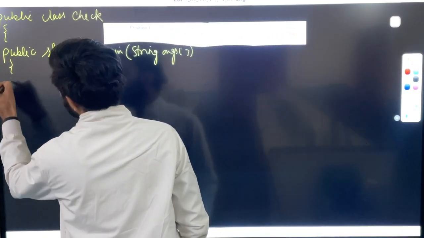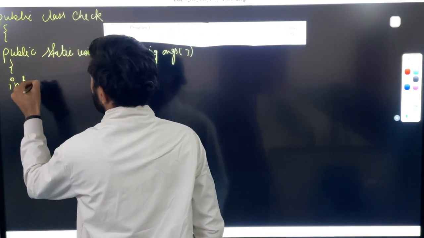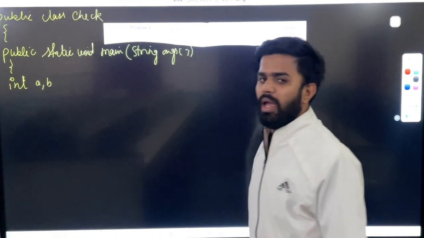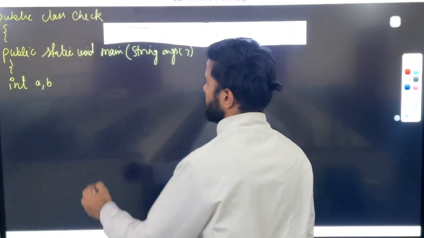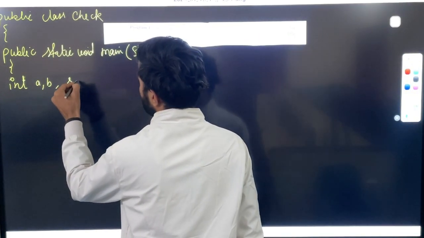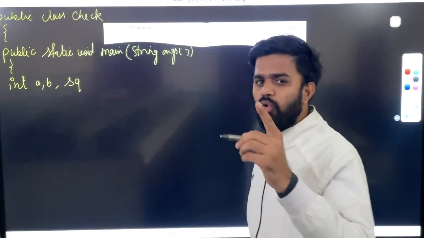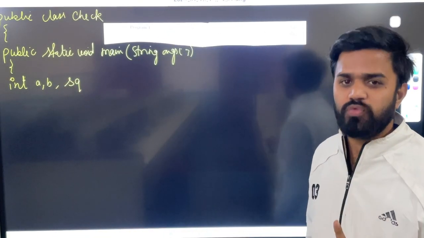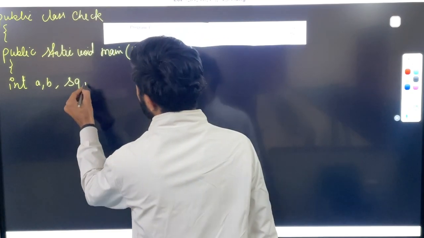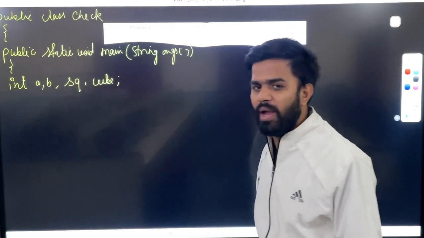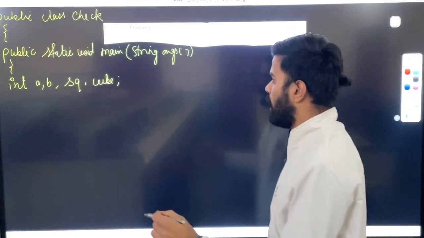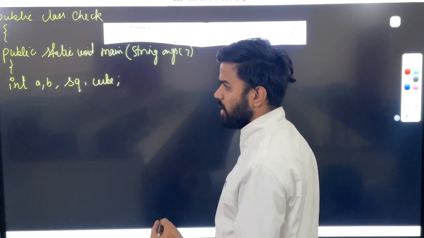Now we will come to the int a comma b. A is our first number and b is our second number, and now there is a variable sq to find the square of number, and there is a variable cube to find the cube of number. Now there is a semicolon.